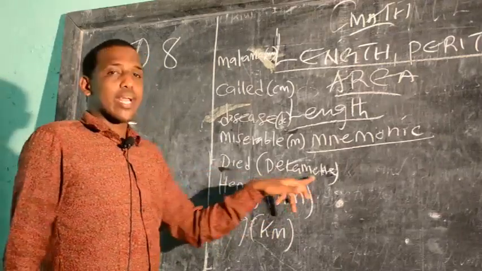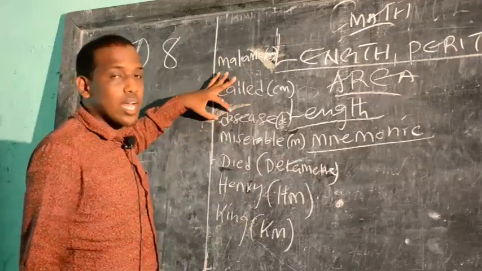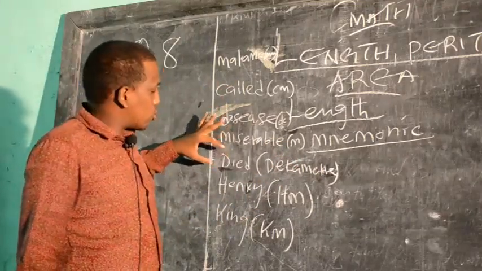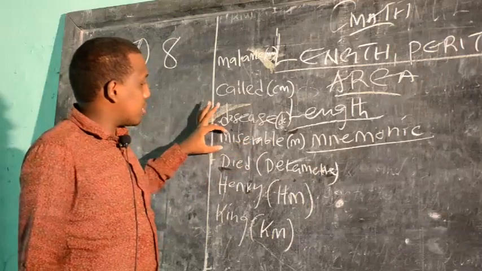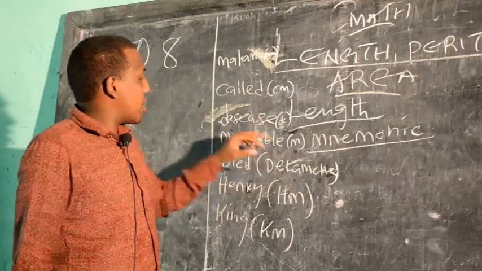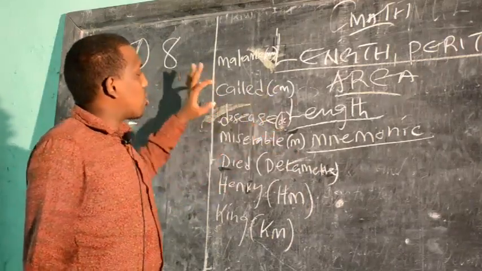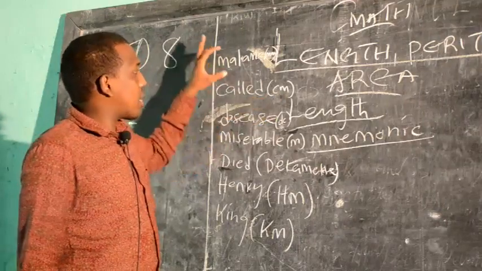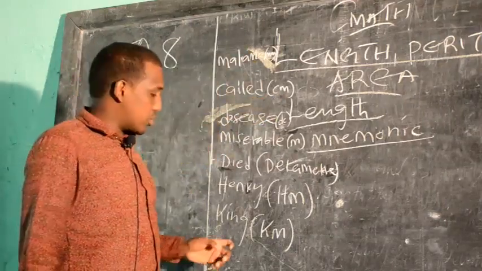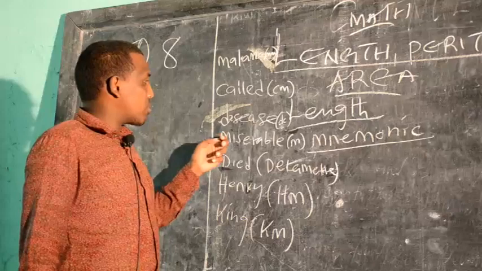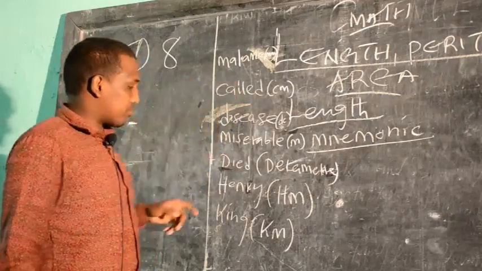Capital D is called decameter. Remember, we have a small d here, and a capital D here. So King Henry died miserable, disease called malaria.